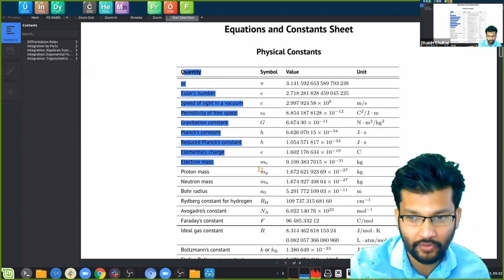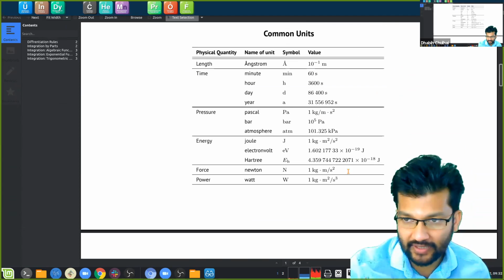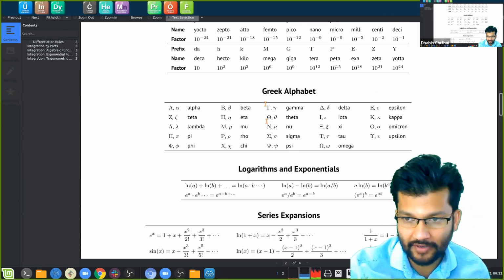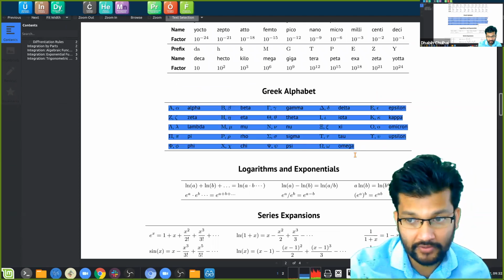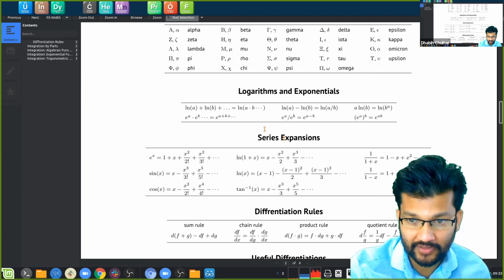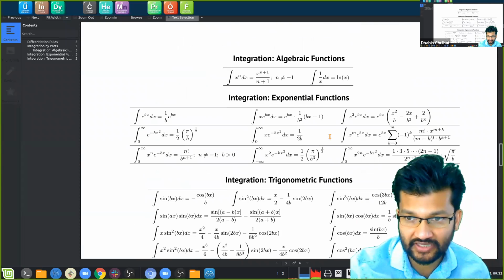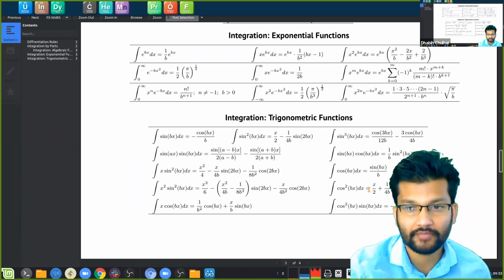You have a whole list of physical constants, units, different unit conversions, SI stuff, and the Greek alphabet, because I mentioned that is pretty important. I'll bet you use most of these symbols by the time you're done. Logarithms, exponentials, series expansions, differentiation, integration stuff. You will get all of this for every exam.